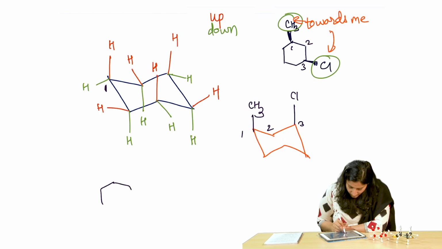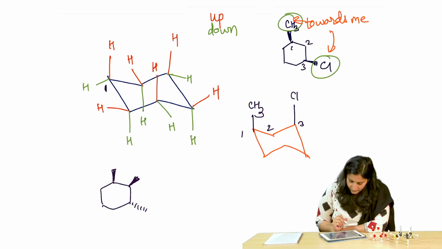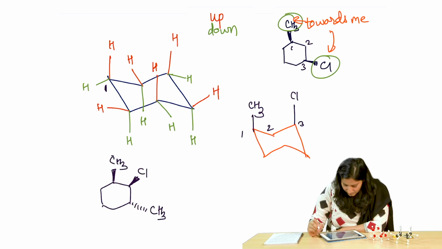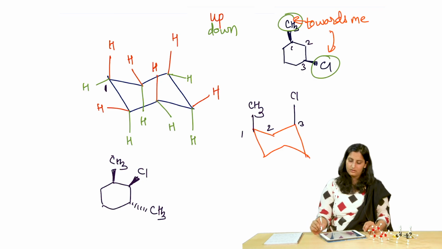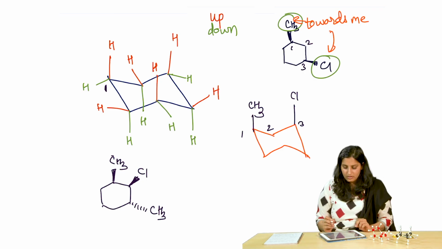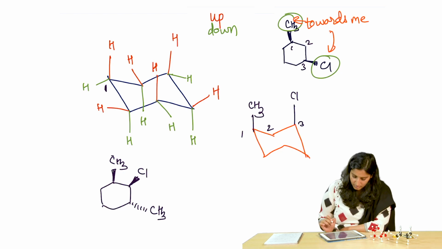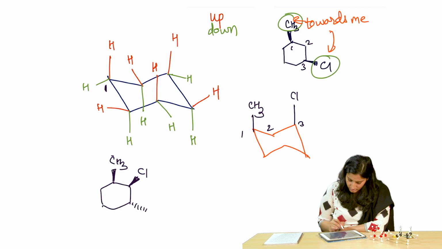Now I am going to place 3 groups on this cyclohexane molecule, and let us place another group with a different name, so it becomes clearer.